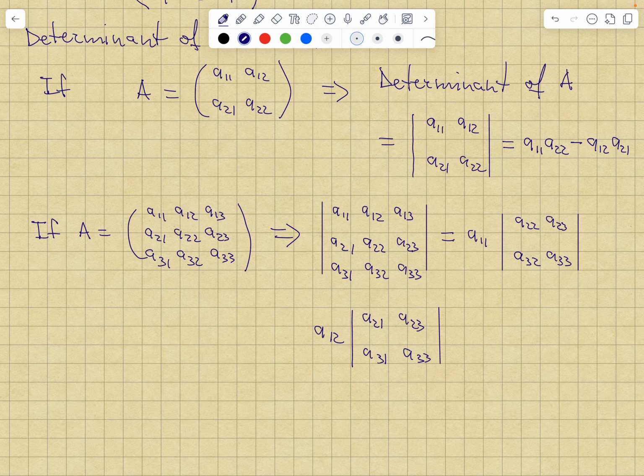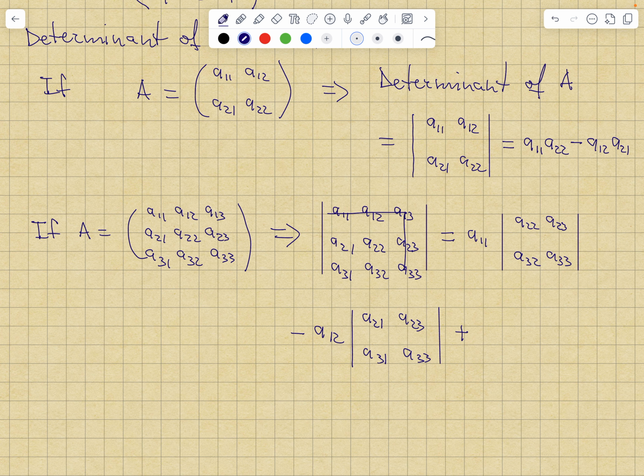The strange thing here is that for A12, you're not going to put a plus in front, but you put a minus. And lastly, you look at A13, you cross out the first row and the last column.